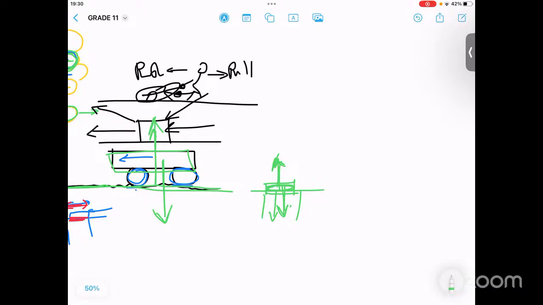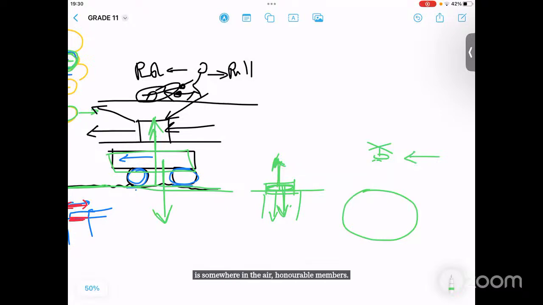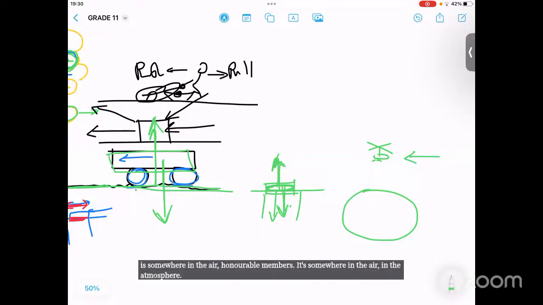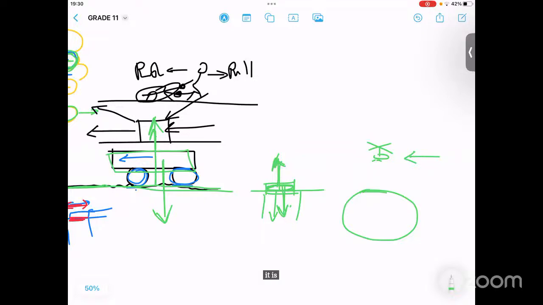Under which instances do we not have a normal force? Let's say this is the Earth, and this is an aeroplane. This aeroplane is somewhere in the air, honorable members, in the atmosphere. It is not on the Earth, meaning this aeroplane is not in contact with the Earth.